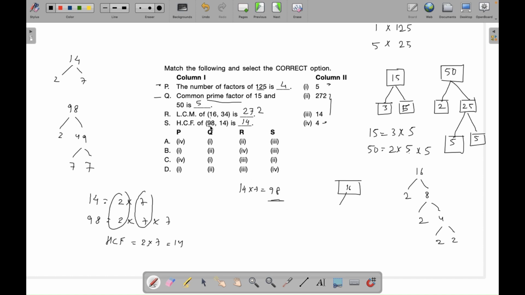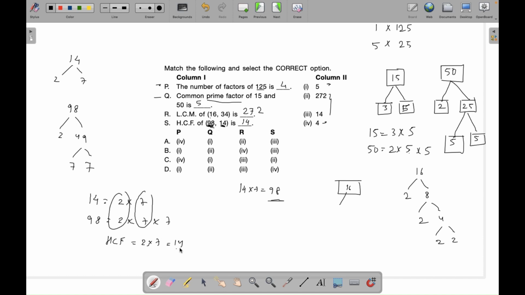So when the larger number is divisible by the smaller number, the larger number is the LCM and the smaller number is the HCF. We don't have to calculate.